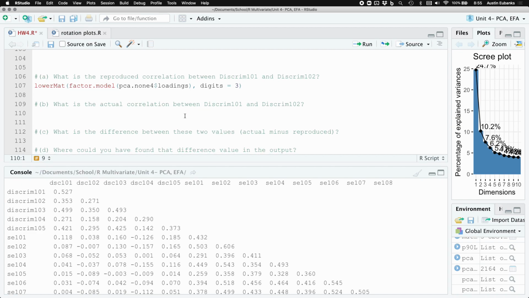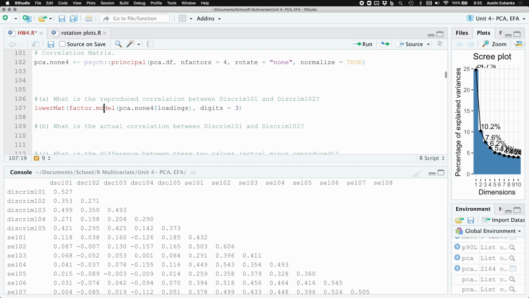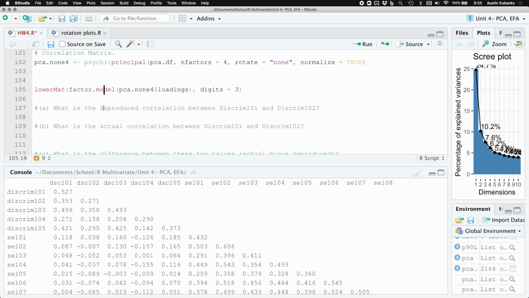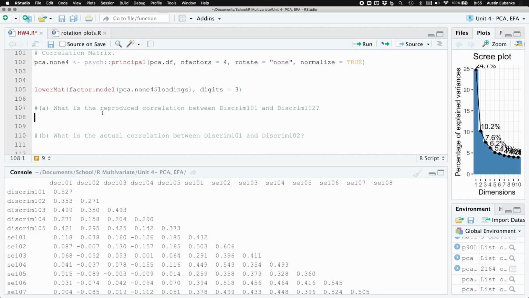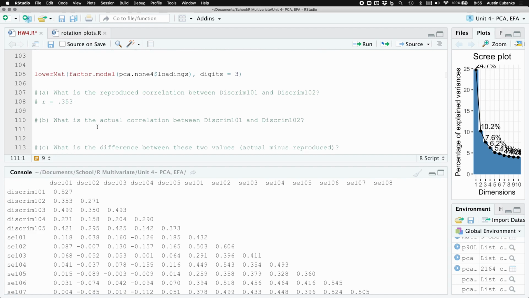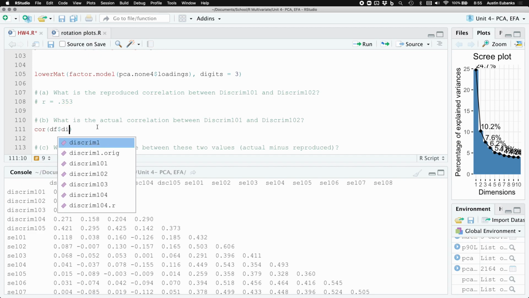Once you do an extraction, once you say take out 4 components and you've lost some information, the computer is basically saying, okay, with the information I have, which is less than full information, here is my best guess about the correlation between Discrim 101 and 102, or DEP 101 and Discrim 104. So it is estimating the actual correlations between variables based on less than full information.